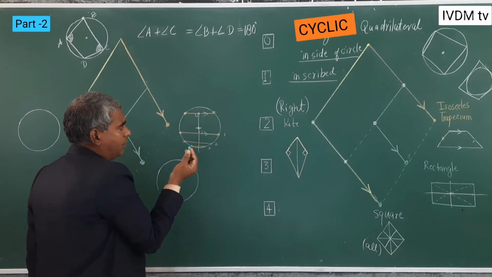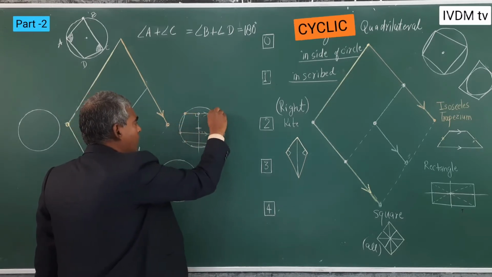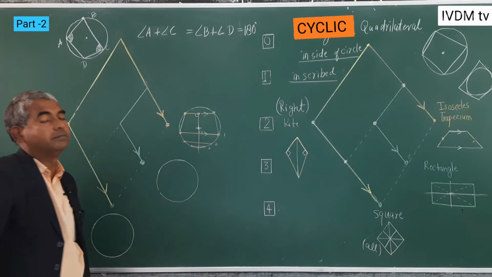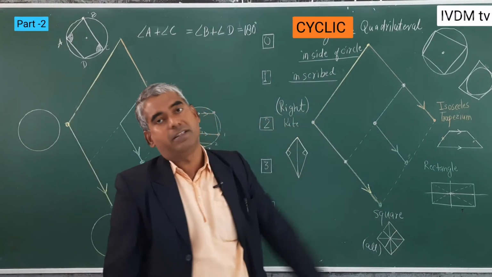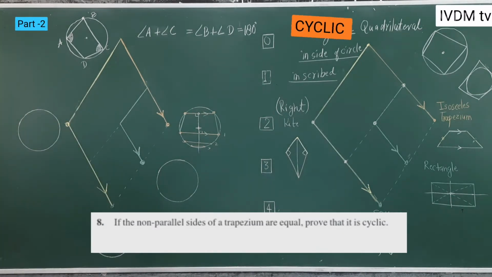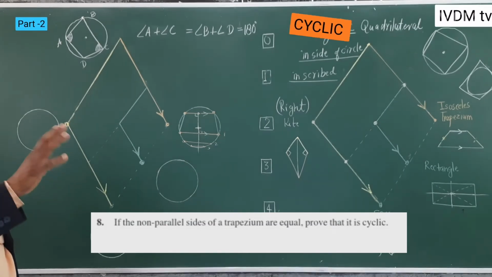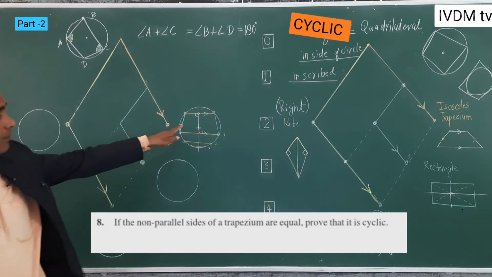Then these two chords will be equal, meaning this one is an isosceles trapezium. And you have a question also about this isosceles trapezium, Exercise 10.5, question number 8.